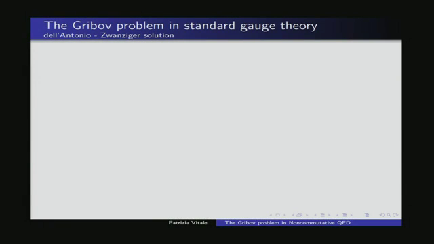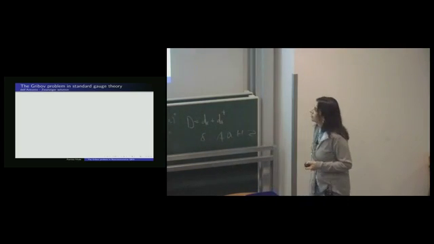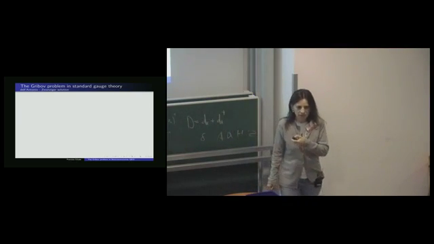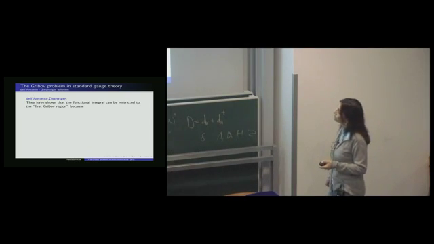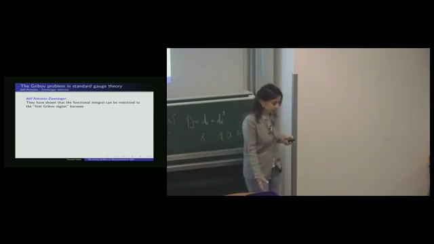So what is a solution that has been proposed some time ago? The solution is essentially due to Dell'Antonio and Zwanziger in the 90s, I think. I quote a paper in the end, and we will check the exact date. And they show that what you can do is to restrict the functional integral to some region.